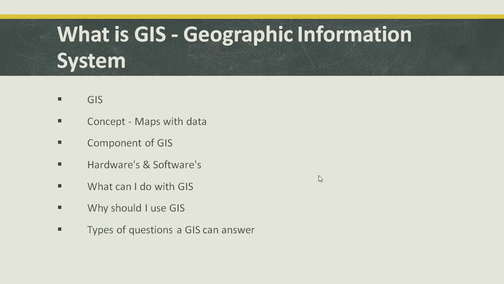In our first section, what is GIS? We will discuss five to six major things about GIS: its definition, its concept, what is meant by maps, how GIS plays a role in our lives, the functions of GIS, the components of GIS, and which hardware and software are mandatory to work in a GIS environment.